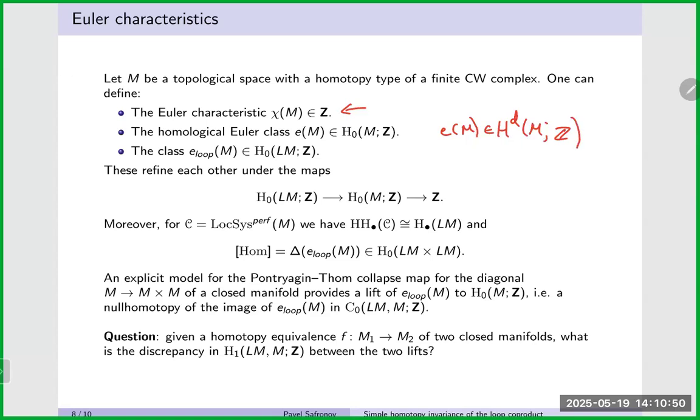And for a manifold, it's a class in the top dimensional cohomology. But there's an easier homological Euler class, which doesn't depend on choice of orientation, and it just lives in the 0th homology of the manifold. And these two classes are just Poincare dual. So 0th homology is isomorphic to the top dimensional cohomology.